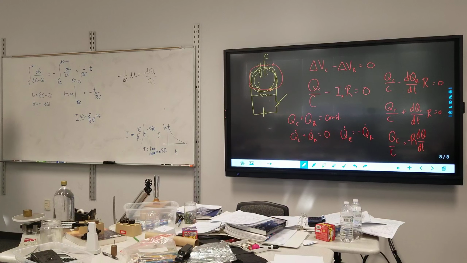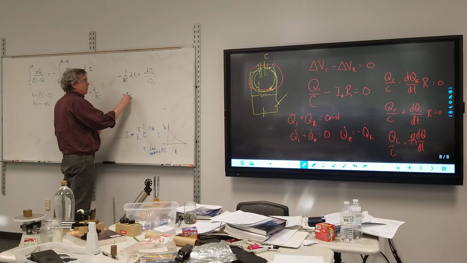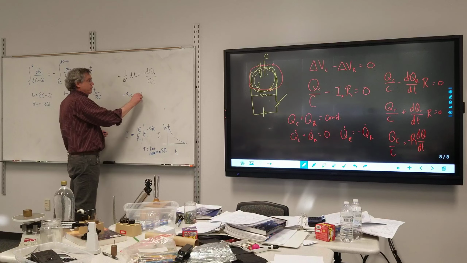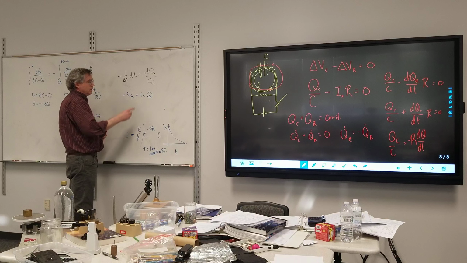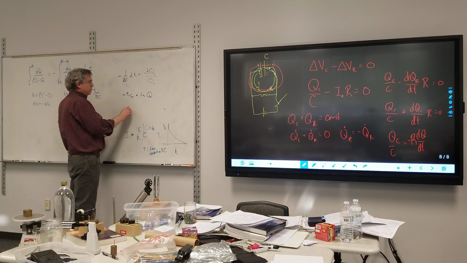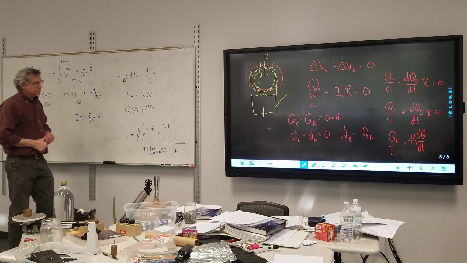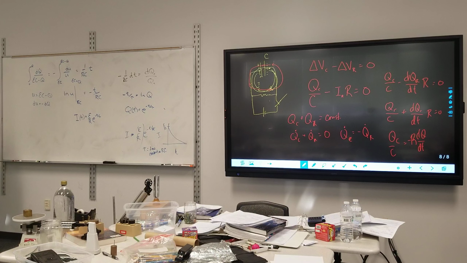So I have negative t over tau, still using the same time constant, is equal to the natural log of Q. So Q as a function of time is e to the negative t over tau. And so we have this exponential decay.